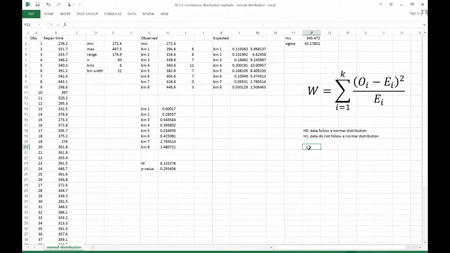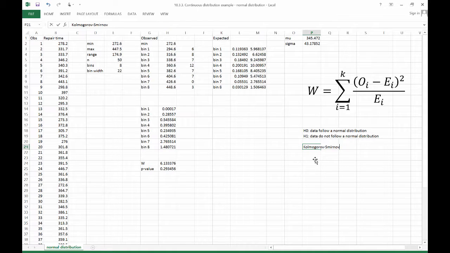There are many goodness of fit tests for a normal distribution. This is a very simple one. There are better ones in the literature that you can go look up if you would like to implement something else. A lot of software packages implement other tests. For pedagogical purposes, the Pearson chi-square goodness of fit test is a good one to learn, but there are some that are more sophisticated, like the Kolmogorov-Smirnov test.